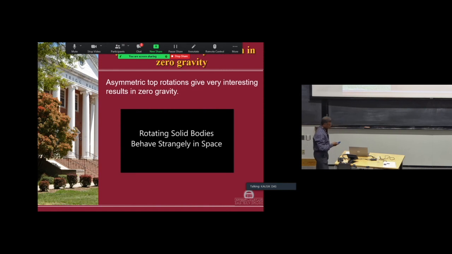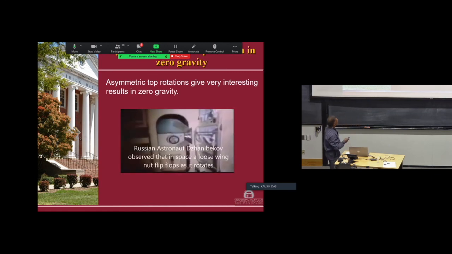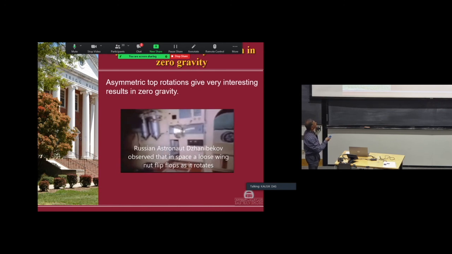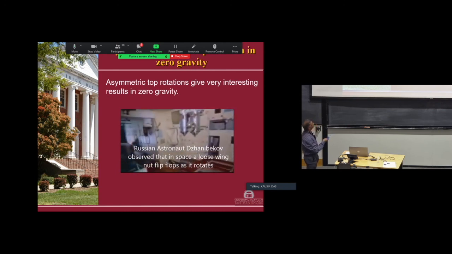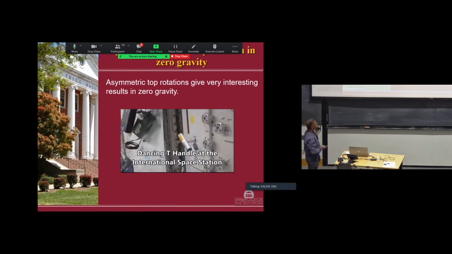And one of the students who was involved in that project is here, Ayobami. So he is now here. So you see these rotating solid objects, asymmetric toy objects. This experiment is not done by us. This is in the International Space Station.